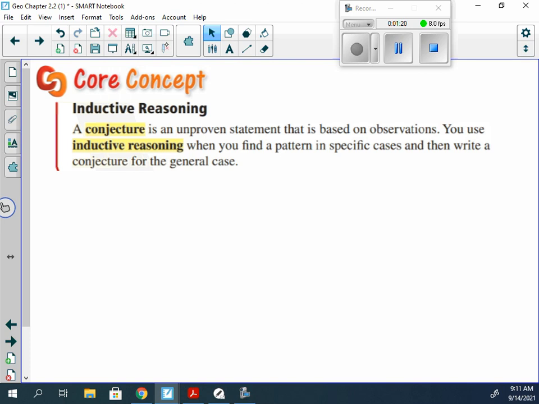So inductive reasoning is really, we're using reasons or reasoning to figure something out based off of a pattern. A pattern that we expect to occur.